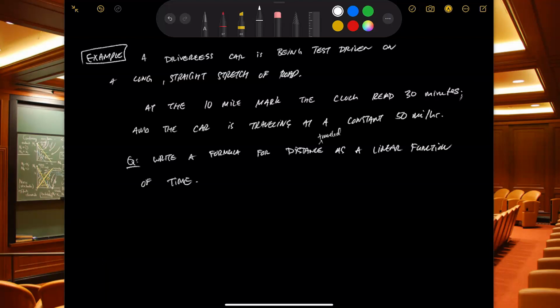So we've got to mark out some stuff. What do we want? We want to write a formula for the distance traveled as a linear function of time. So I'm going to call distance d, and I'm going to call time t.